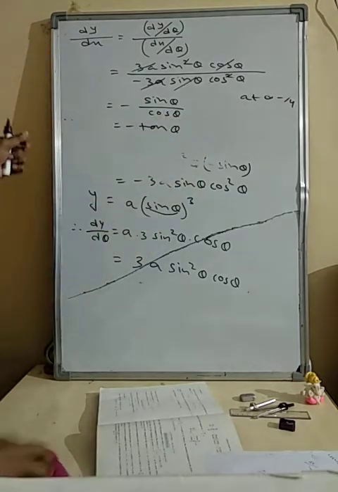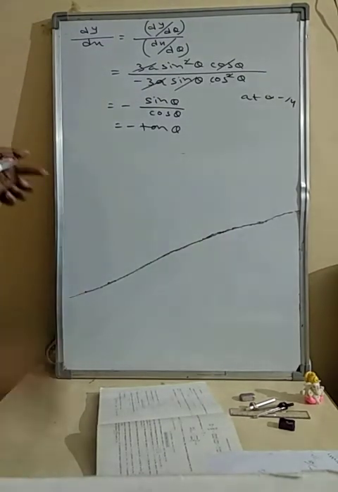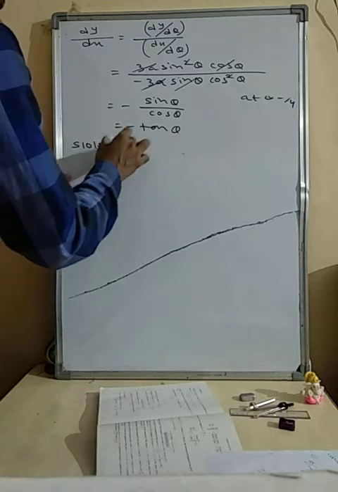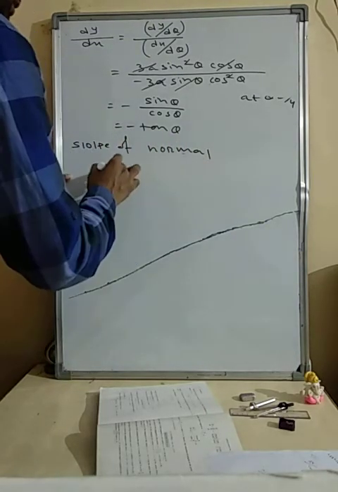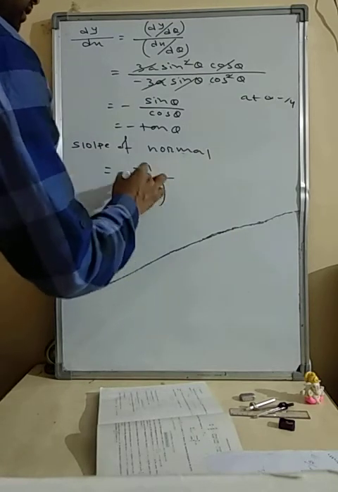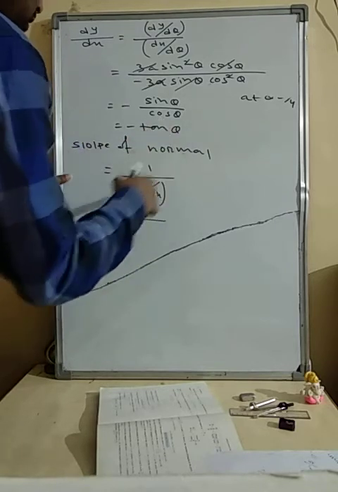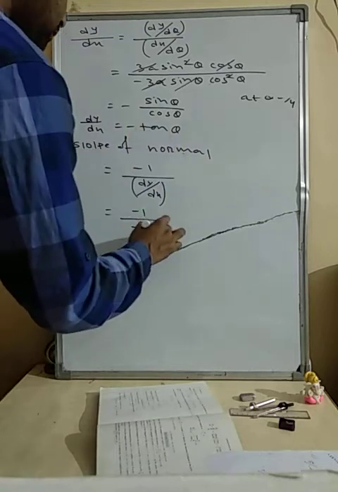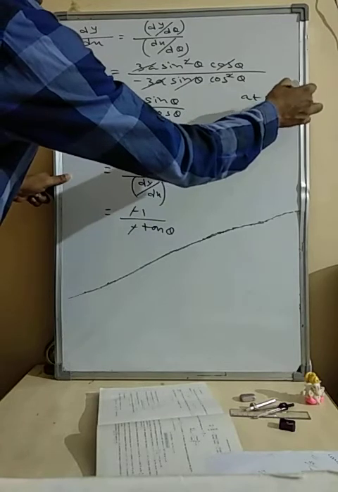So therefore you can say slope of normal equals minus 1 by dy by dx. So that is minus 1 by, dy by dx is here, minus tan theta, at theta equal to pi by 4, as was given.